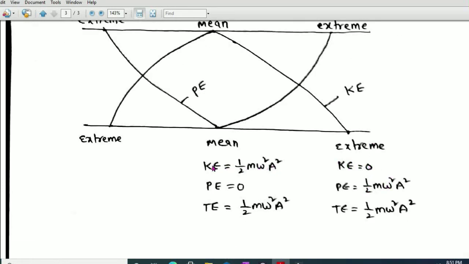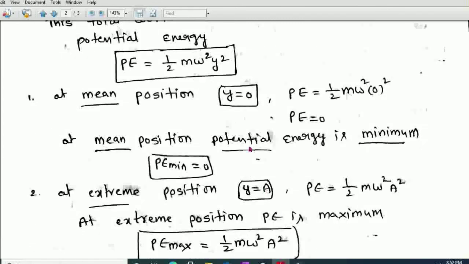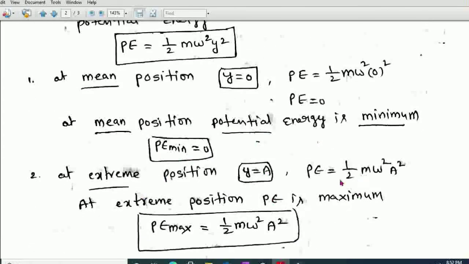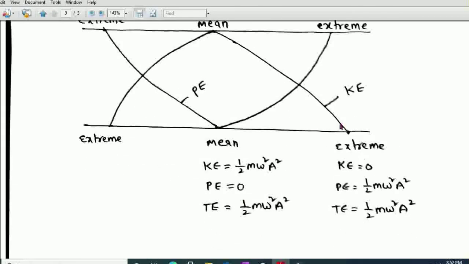Similarly, the potential energy is maximum at the extreme position, that is half m omega square A square. Potential energy is minimum, that is 0, at the mean position. At the extreme position potential energy is maximum, half m omega square A square. At the mean position potential energy is 0.